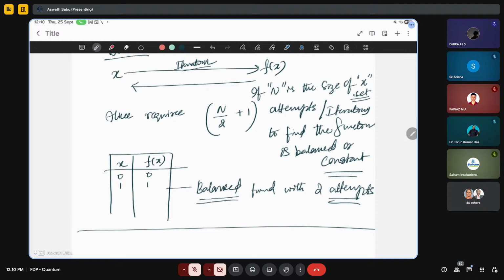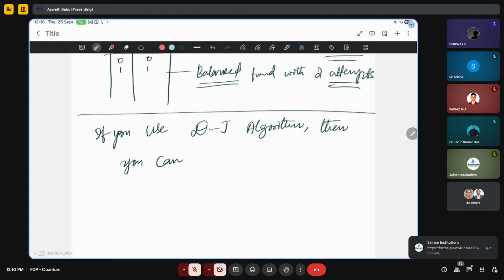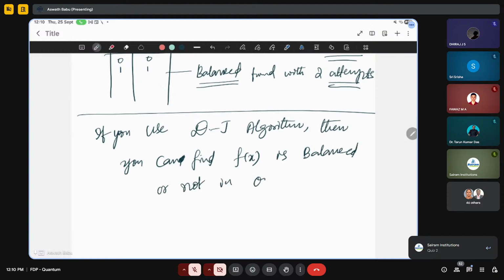So if you use the Deutsch-Jozsa algorithm, then you can find whether f of x is balanced or not in one shot or one iteration.